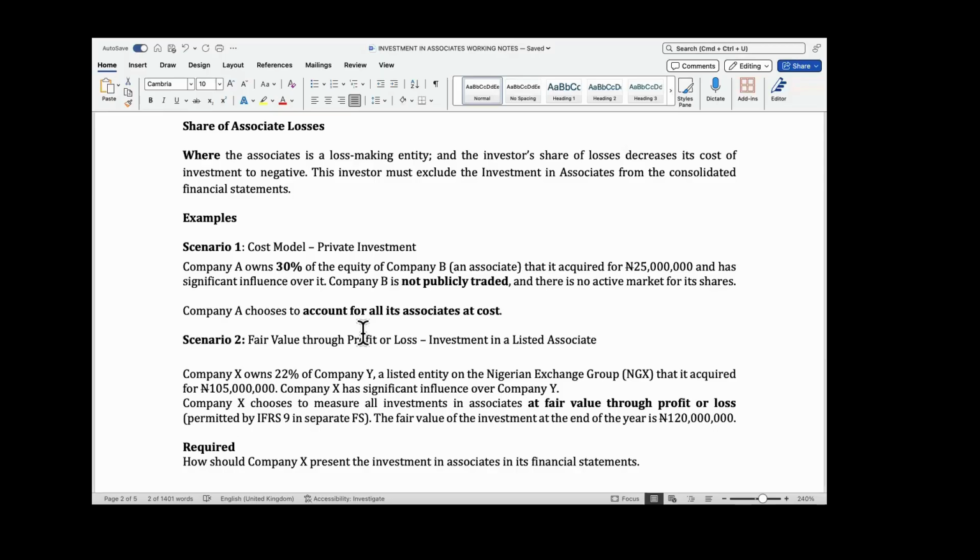So when the auditor comes, they will still see that investment in associate in your separate financial statement. It's just there. The auditor will see it and ask, what's the situation of these investments in the books?